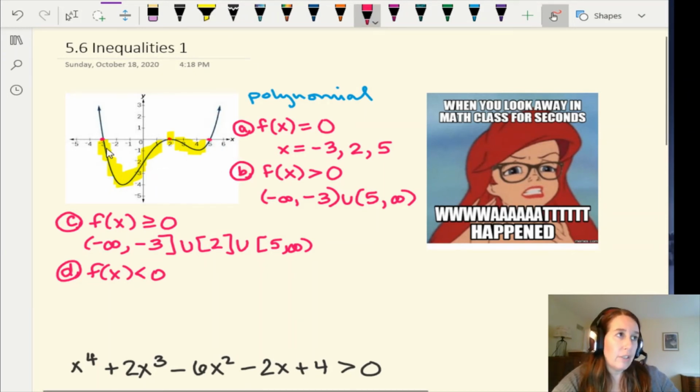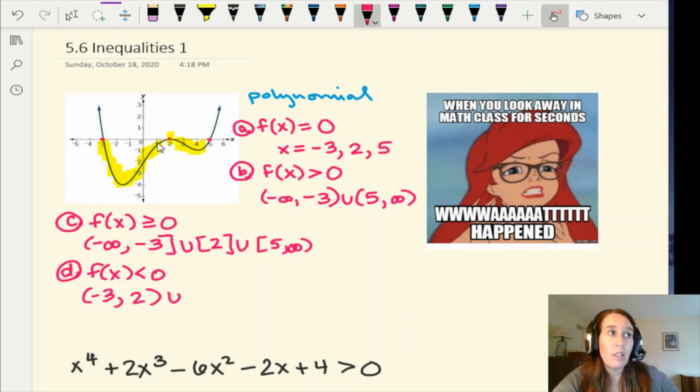So here you can see from my underlining, when it's less than 0, there's actually two intervals. We go from -3 over to 2, and then we don't want to include the 2 because that's where it equals 0. So we can't include the 2. So then we go 2 to 5. Okay, so from 2 over to 5.